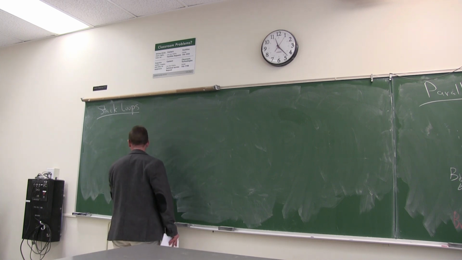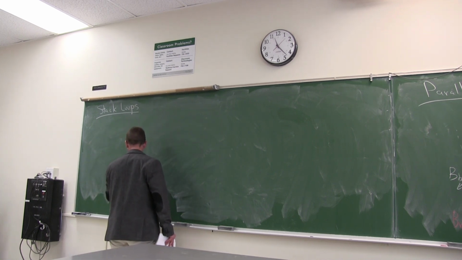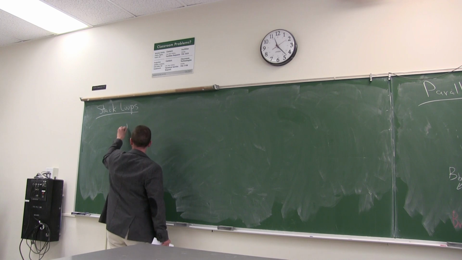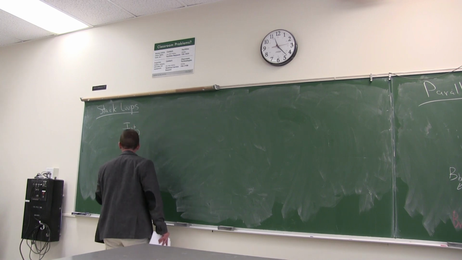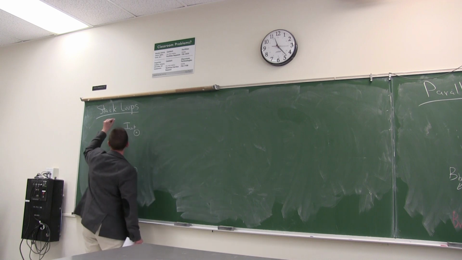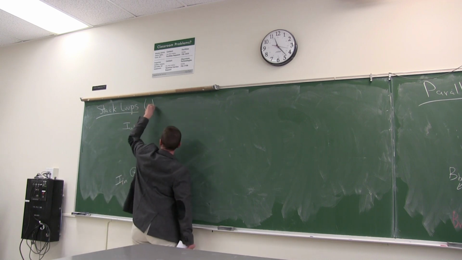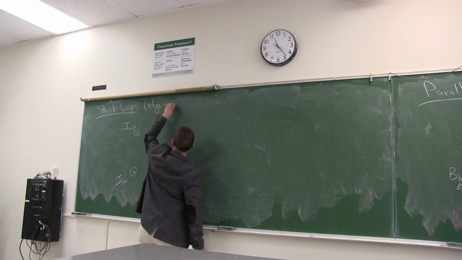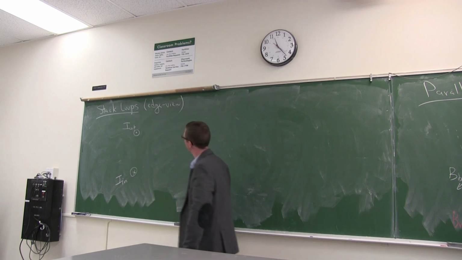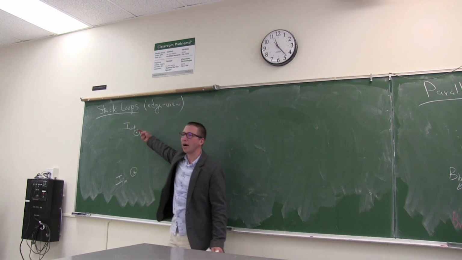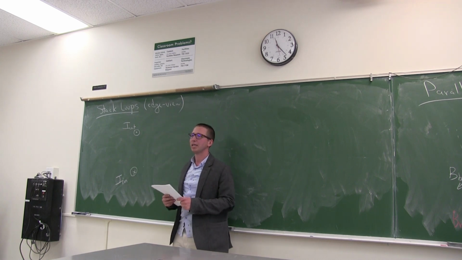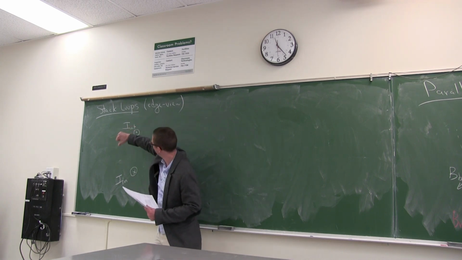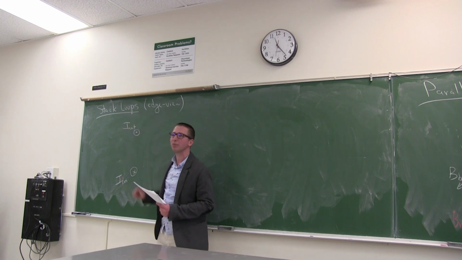I take one loop that looks like this. This is an edge view. So the current is coming out and wrapping back around. For this particular loop, current is going like this and then into the board.